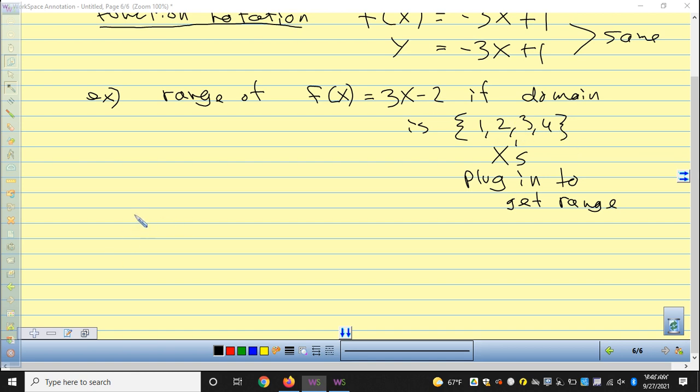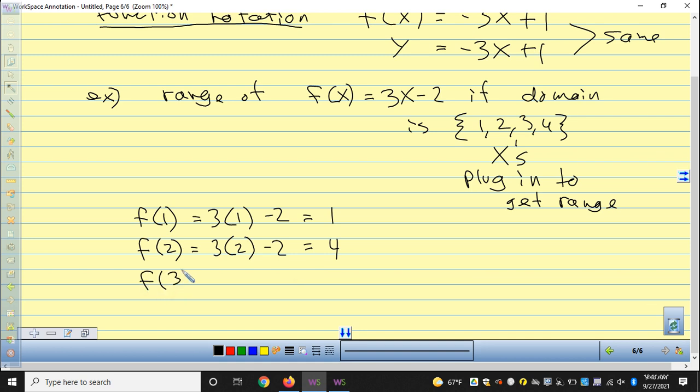And the way I write that is f of 1, and then I plug 1 in here. 3 times 1 minus 2. Well, 3 times 1 is 3, minus 2 is 1. F of 2 is, I'm plugging 2 in here. 3 times 2 minus 2. 3 times 2 is 6. Minus 2 is 4.